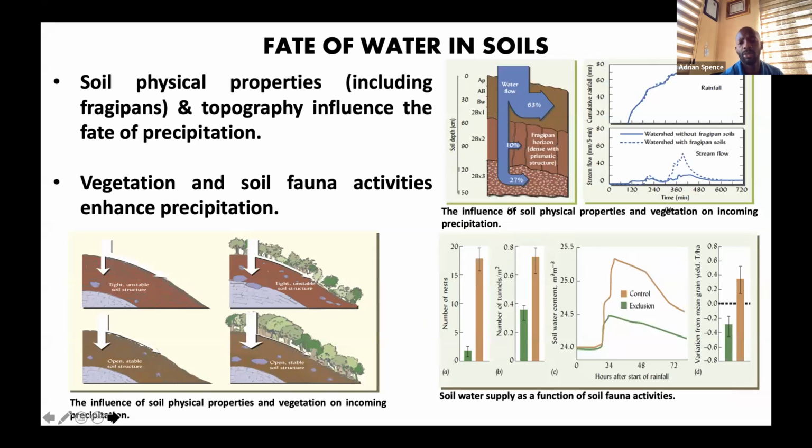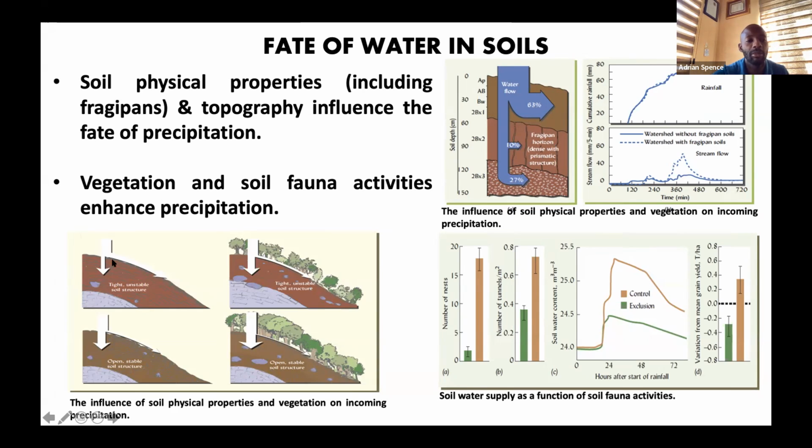And just looking at some other things that encourage water storage in soil, or the movement of water in soils, vegetation is one of them. If you look here, where we have these arrows going almost laterally and vertically, the size of the arrow gives an indication of the amount of water that is moving in that direction.